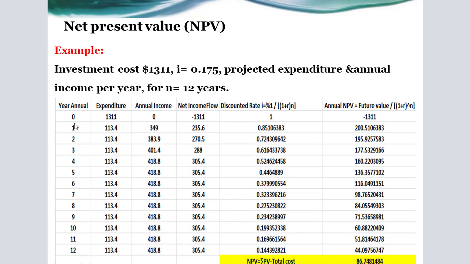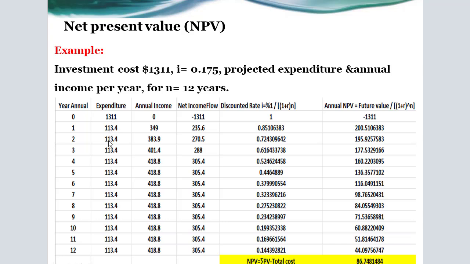This is the number of years from the starting point, year number 0, and from 1 to 12 years, and this represents the initial investment, and this represents the expenditure through each year.